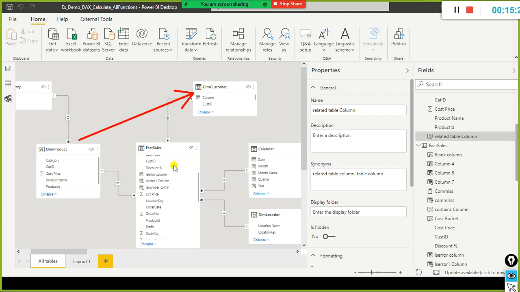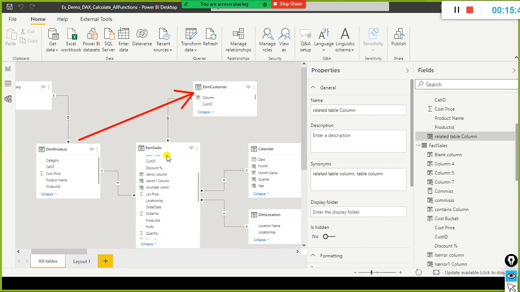The only way out is I need to enable the bidirectional relationship, because these two tables do not have any direct relationship. In order to use the product table to filter the customer dimension table, I need to enable the relationship as bidirectional.